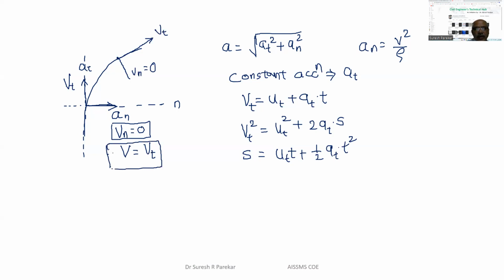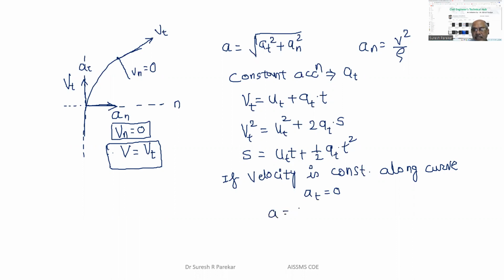Now, if my velocity is constant along the curve, what does it mean? It means my value of AT is 0, A is not 0, and in that case A is root of AT square plus AN square.